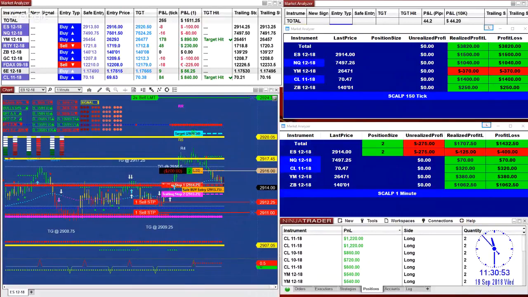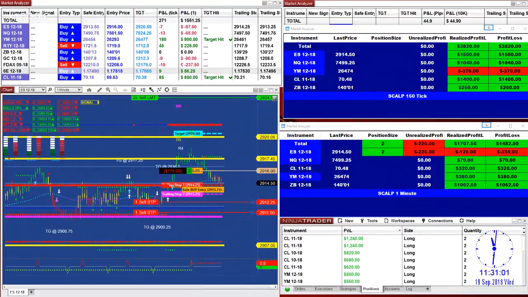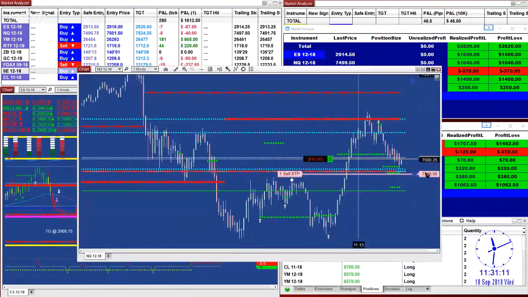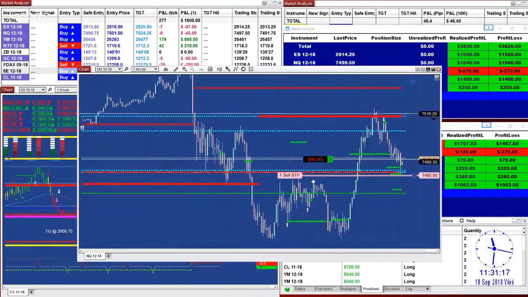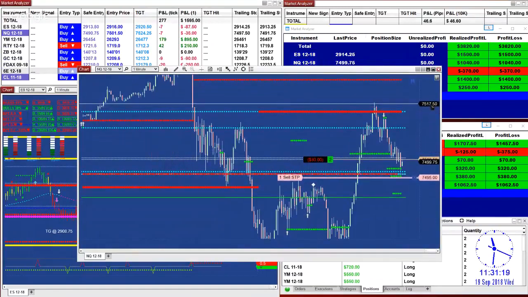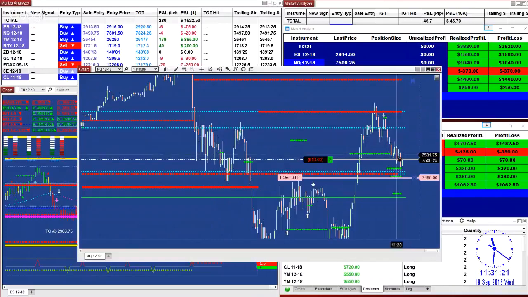Folks, that's all we have for today. The market just died on us, and there is nothing to do anymore. It seems like it's getting closer to lunch hour, and the market is not doing anything. We got filled on the second one. You see that? So that's good.